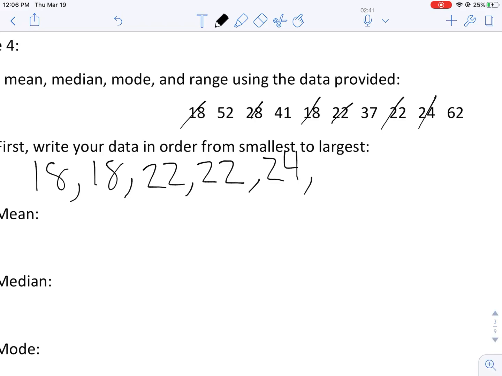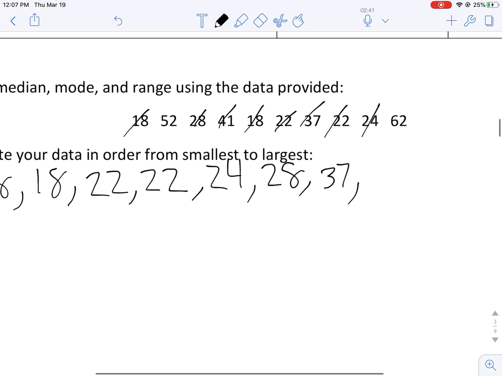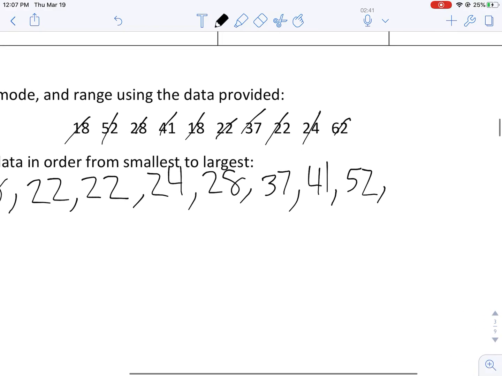The next is going to be 28. And then after that, it appears to be 37. Then 41. Then 52. And then 62.